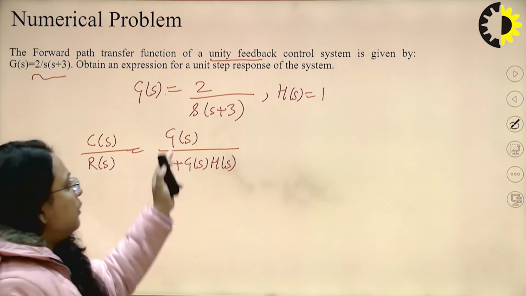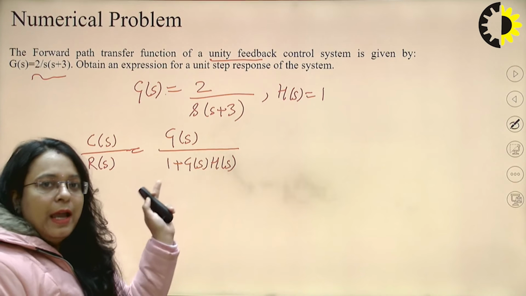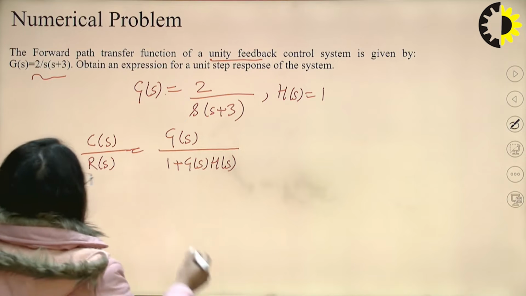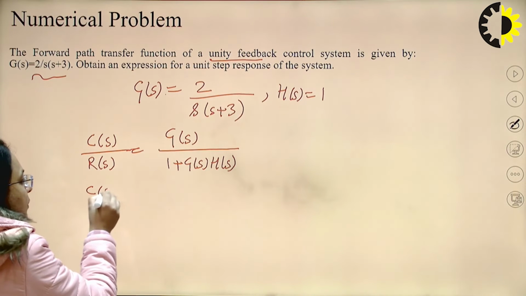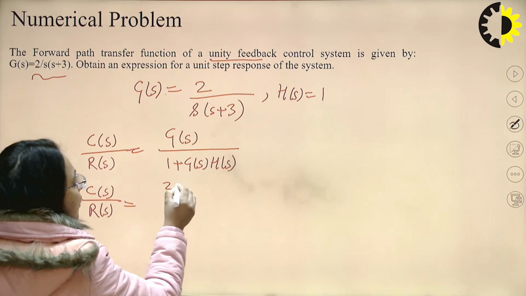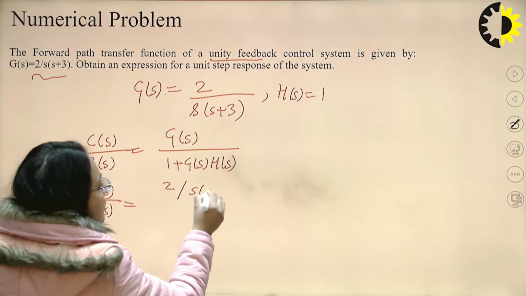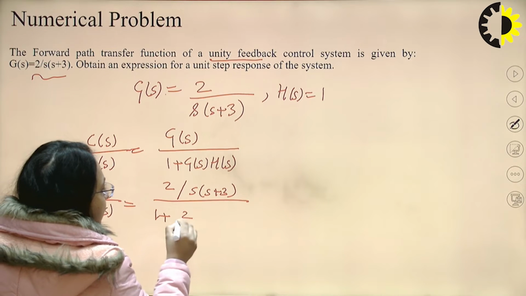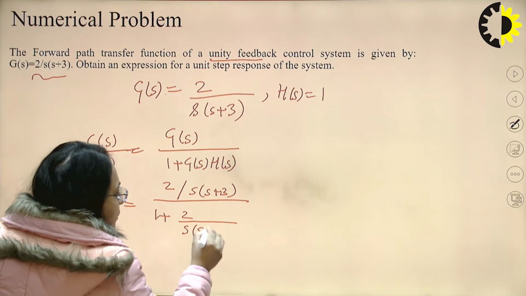So we will put the values of G(s) and H(s) in this equation and calculate, first of all, the transfer function of the system. So the transfer function will be 2 upon s into (s plus 3) upon 1 plus 2 upon s into (s plus 3).